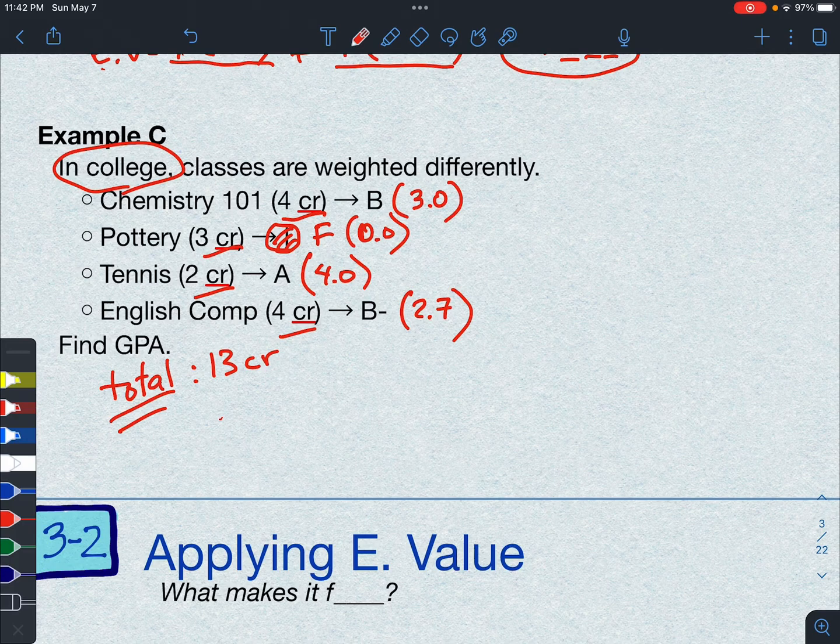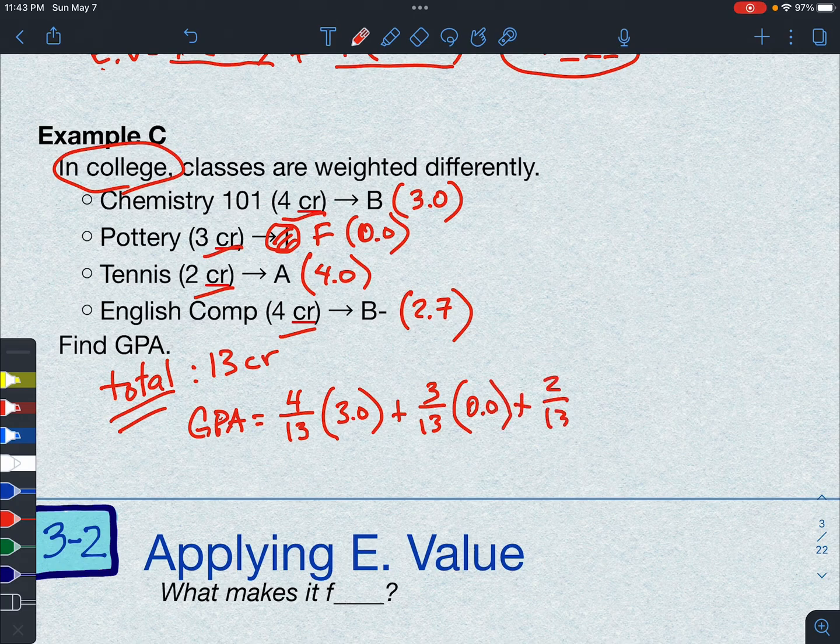So here's how we'll set the problem up. Again, GPA, I have to take my first class, chemistry, 4/13 times 3.0 plus pottery, 3/13 times 0.0 plus tennis, 2/13 times 4.0 plus English comp, 4/13 times 2.7.